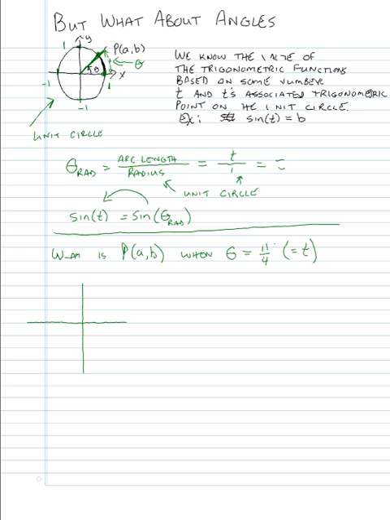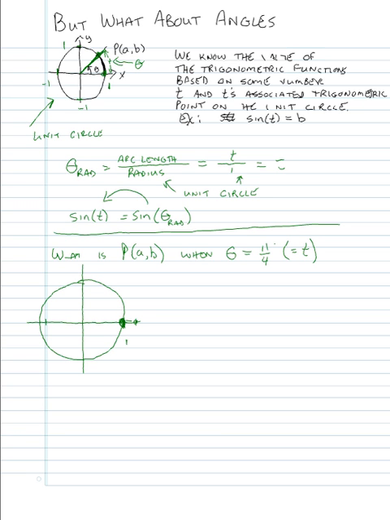Let me make a bigger unit circle, and don't laugh at my circles here. This is a bigger unit circle, so I can deal with it, and obviously it's not very pretty, and I guess I'm going to have to relabel this. This is where 1 is.